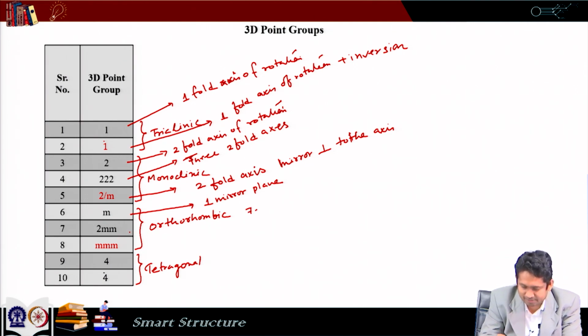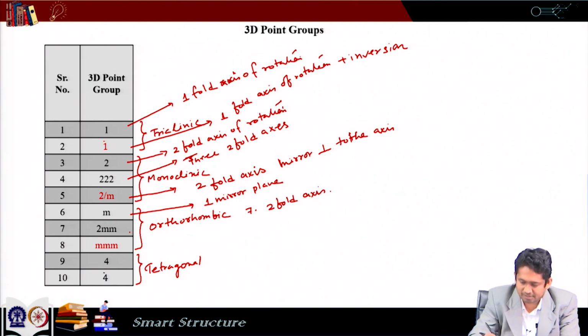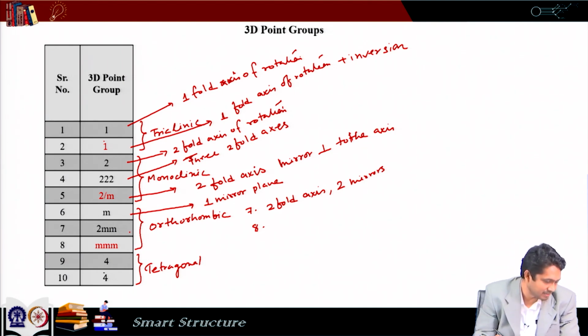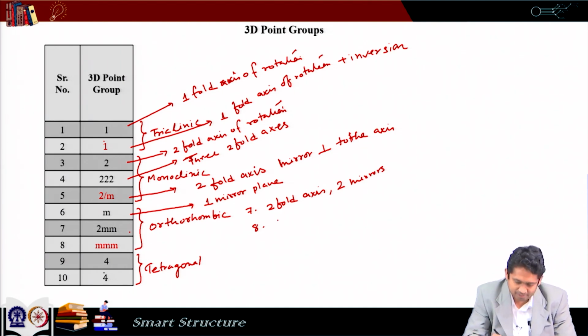So, number 7 is a 2-fold axis and 2 mirrors, they are parallel to the rotation axis. Then number 8 has triple m, it has 3 mirrors. Among those 3 mirrors, 2 are parallel and 1 is perpendicular.